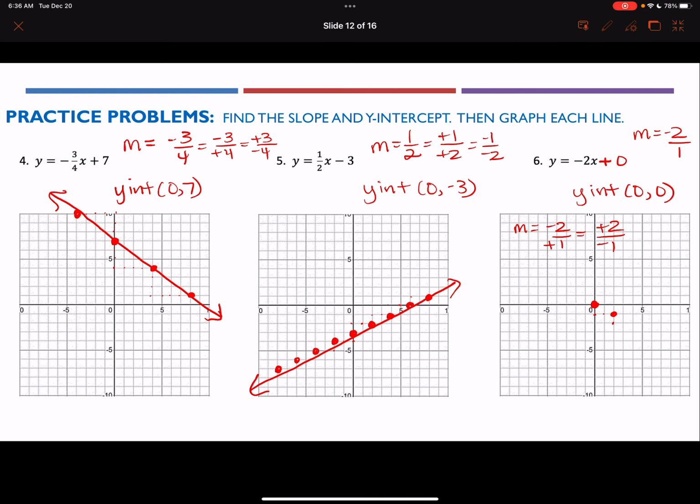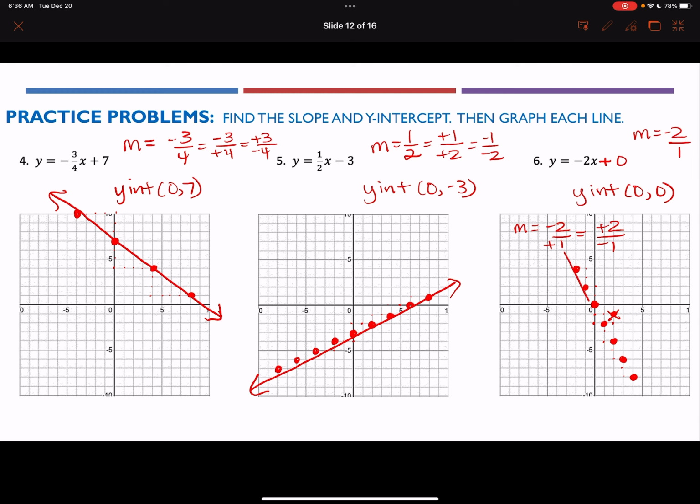I have to go down 2, and to the right 1. Down 2 and to the right 1. Or I could go up 2 and to the left 1.